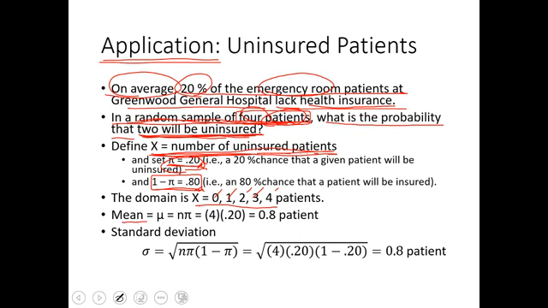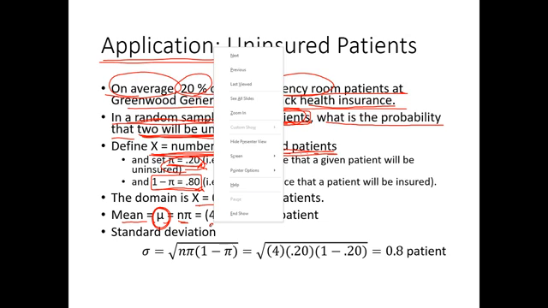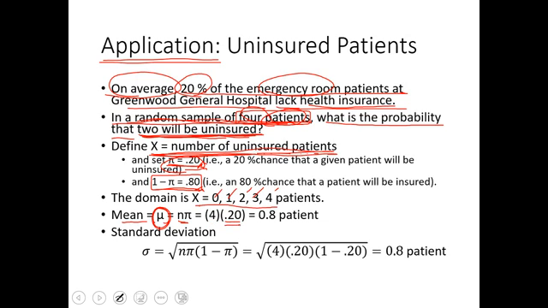The mean number of uninsured patients among 4 is n pi, where n is 4 and pi is 20%, so the expected value is 0.8 patients.